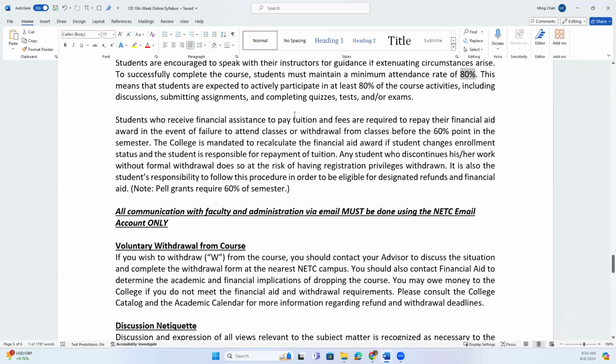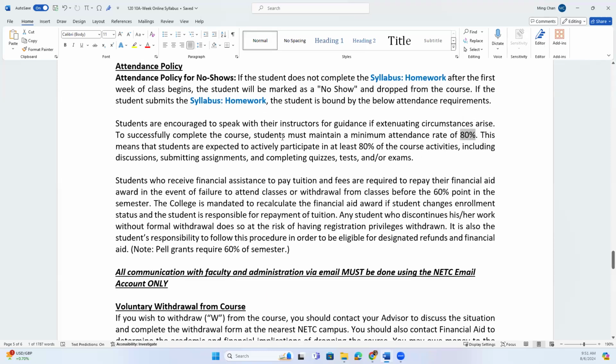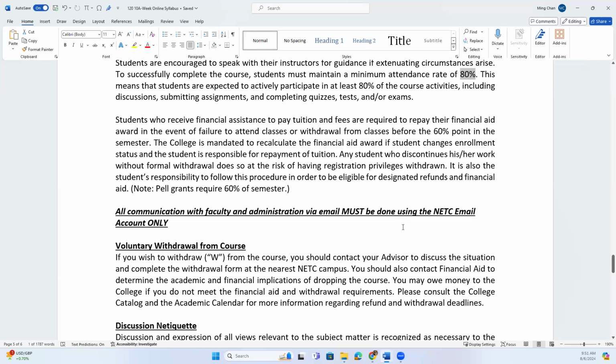So if I notice a student has fallen behind and has not turned in 20% of the coursework, let's say we are halfway through the semester and a student has missed 30% of the work, then I will begin to notify the student and try to figure out why the student is not turning in the work. But if a student continues not returning any work, then at some point the student can be dropped from the class due to excessive absence.